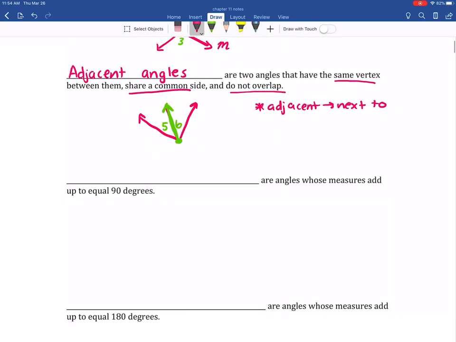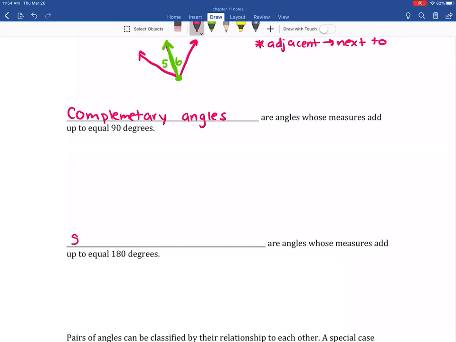The next two pairs have to do with measure. First one is complementary. And the second one is supplementary. So, complementary angles are angles whose measures add to equal 90 degrees.